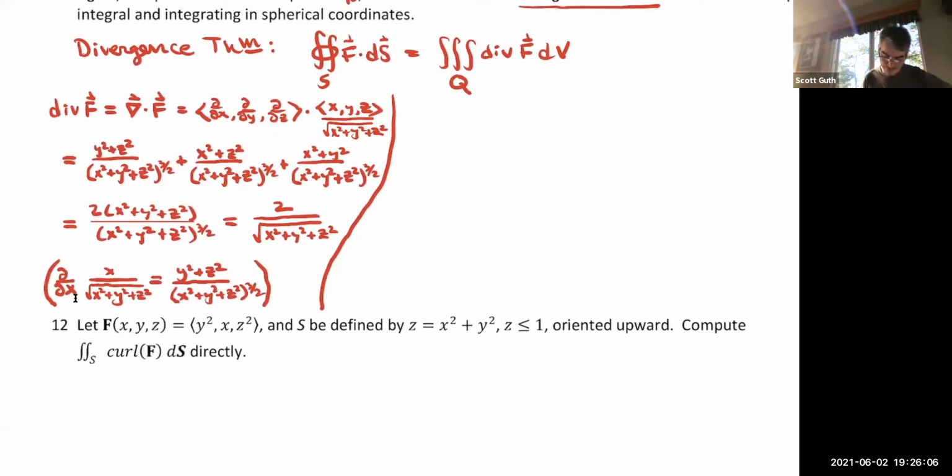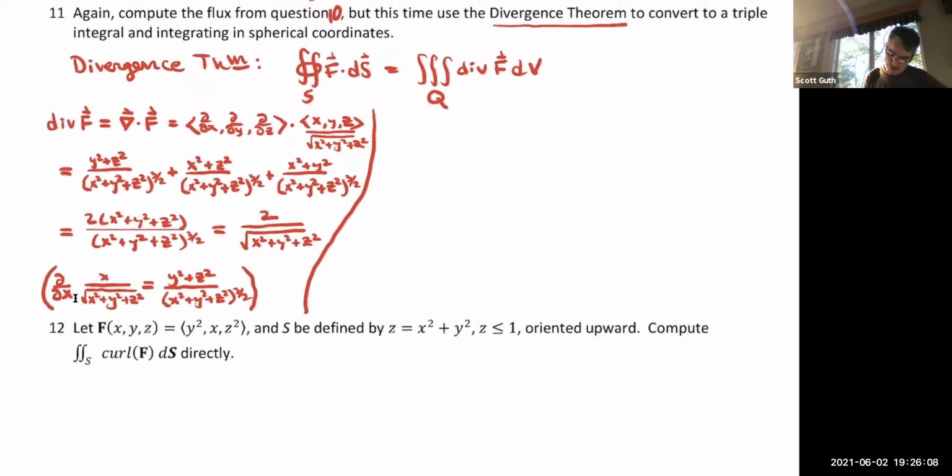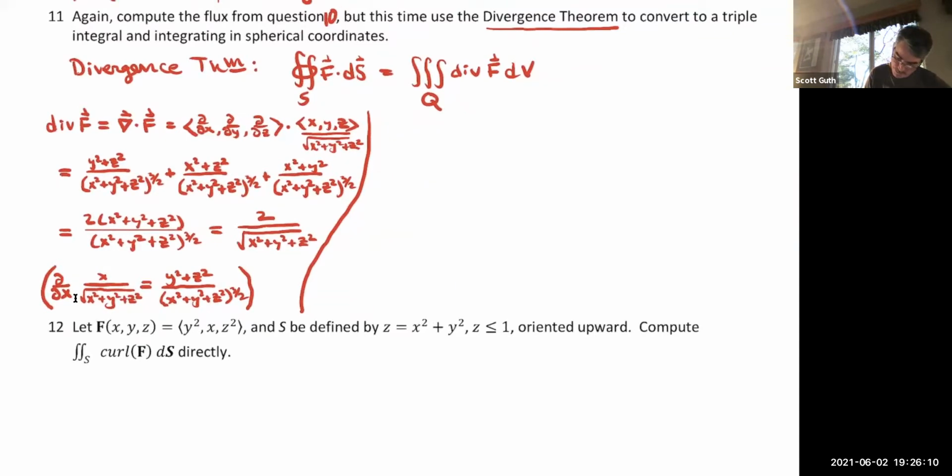Now back to the integral. So I'm doing the divergence. So here it comes.